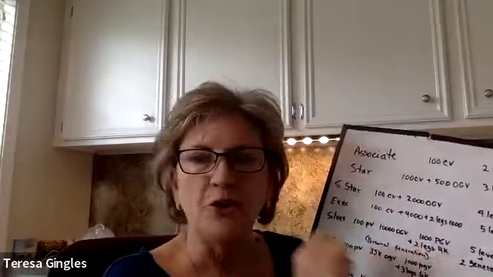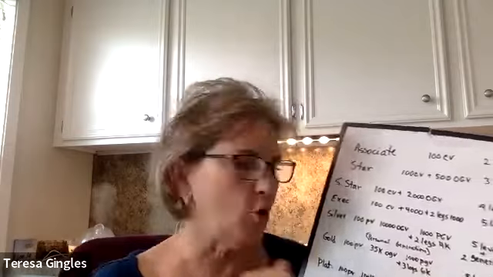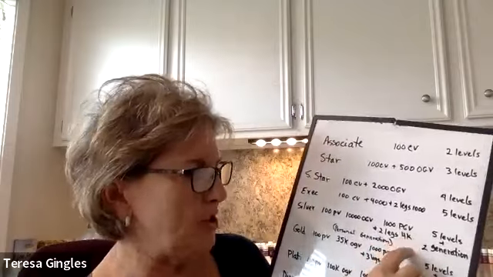PGV is personal group volume. That means separate from all of your silvers, golds. If you have silvers, golds, platinums, any of those in your downline, they don't count for your PGV. Your PGV is everybody other than those legs. So everybody else has to total at least 1,000 PGV.